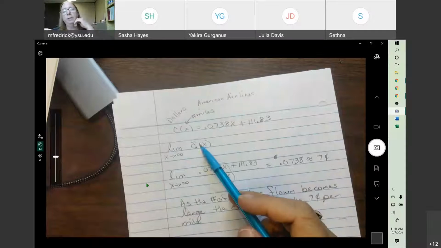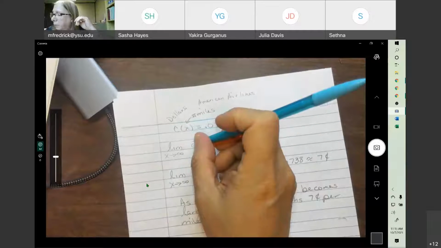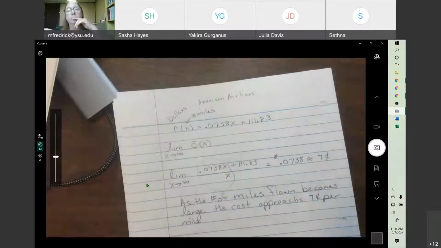Because this is average cost, it would be cost per mile. Any questions on that?